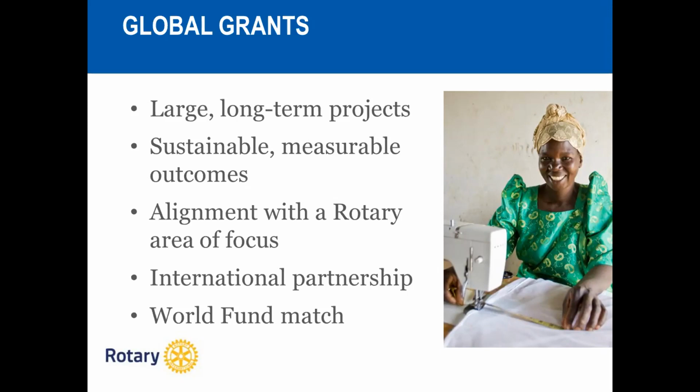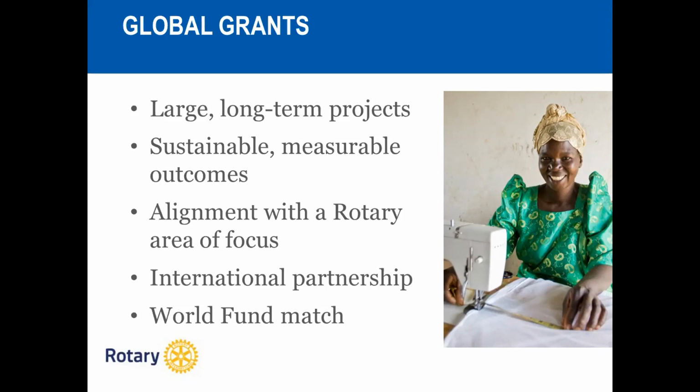So if you stop and think about it, when you put in your dollar from the club and you get your dollar of district designated funds, the Rotary Foundation will then match that with another $1.50. So it adds up and multiplies really quickly. There is no club in District 5000 who does not have the ability to initiate a global grant.